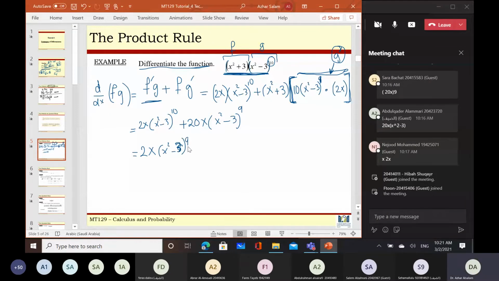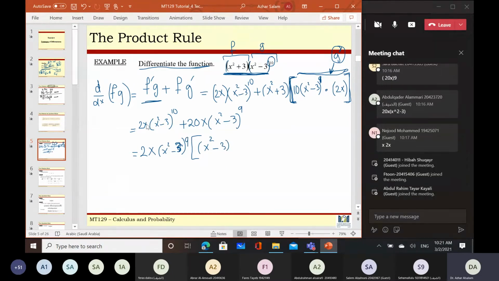Notice that the bracket is also common, but the difference is in the power. So I take 9 of them and leave 1, so only one of them remains. I had 10 brackets, to the power 10, I took 9 of them, and only x squared minus 3 remains. I already took this as a common factor.